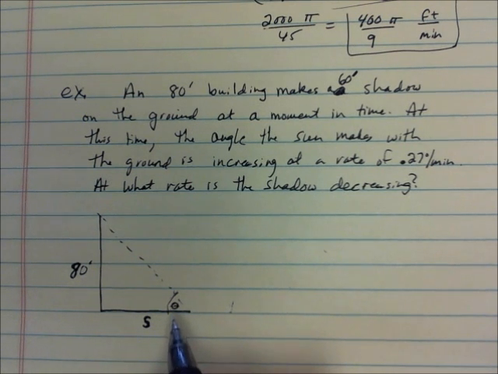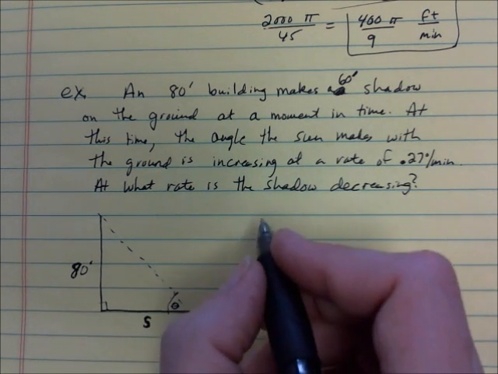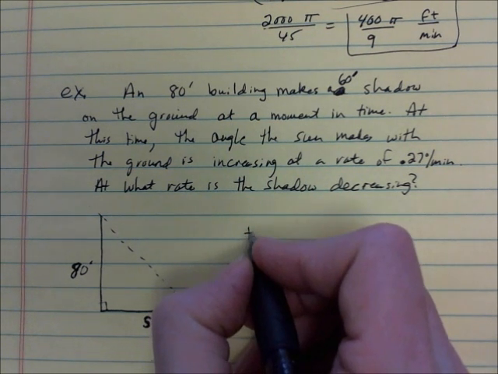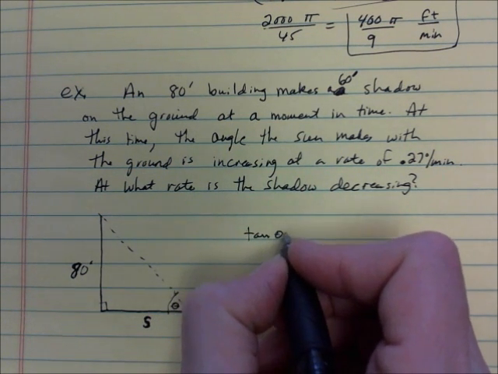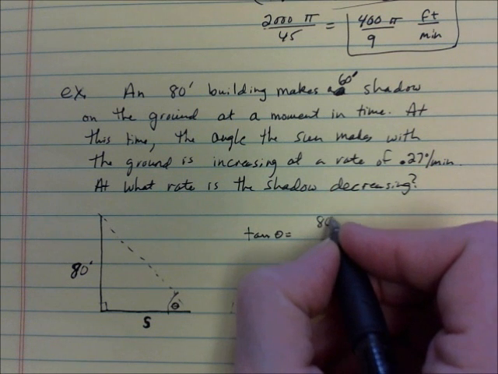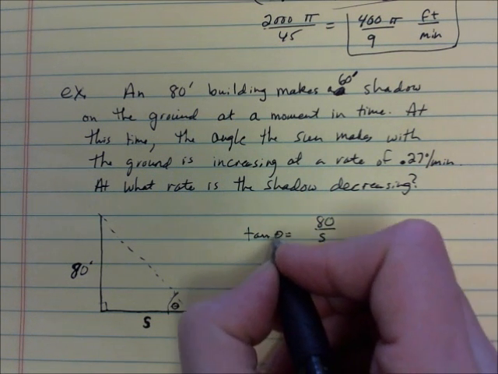So that'll be d theta dt. But what we want to do right now is set up a relationship between our two variables, theta and s. And just like in the previous question, we have a tangent situation because this is a right triangle. So we can say that the tangent of theta is equal to 80 over s.